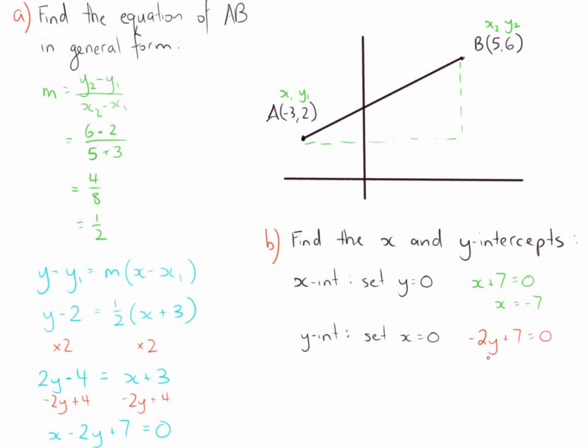Moving the 7 to the other side, we get negative 2y equals negative 7. And dividing both sides by negative 2, we get y equals negative 7 over negative 2. Now the negatives cancel out, and 7 over 2 is 3.5. So we have our x-intercept of negative 7 and our y-intercept of 3.5.